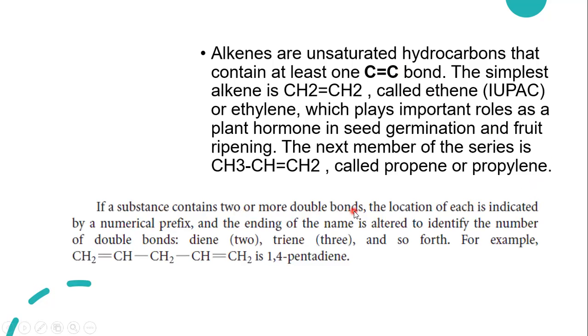If the substance contains more double bonds, the location of each is indicated by a numerical prefix, so we put a number prefix. And the ending of the name is altered to identify the number of double bonds. For example, we have CH2 double bond CH, single bond CH2, single bond CH, and double bond CH2.